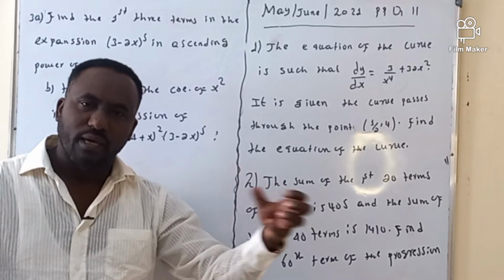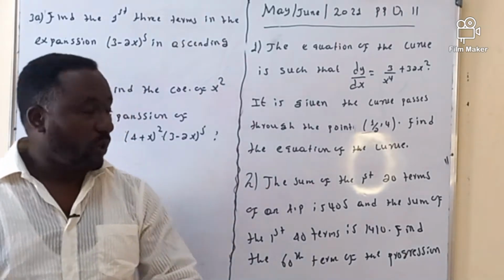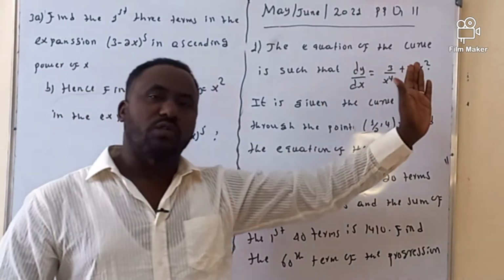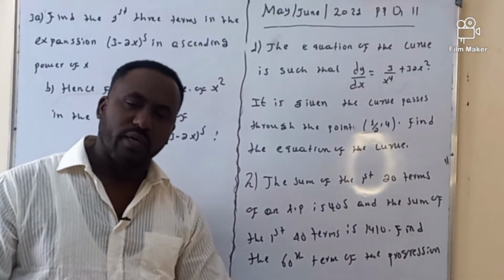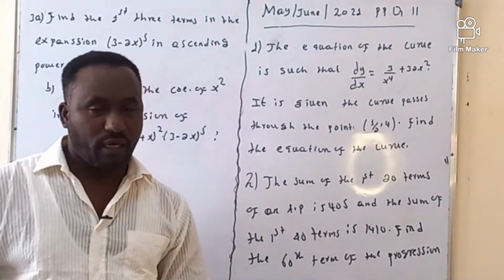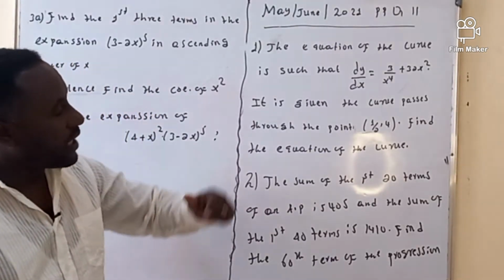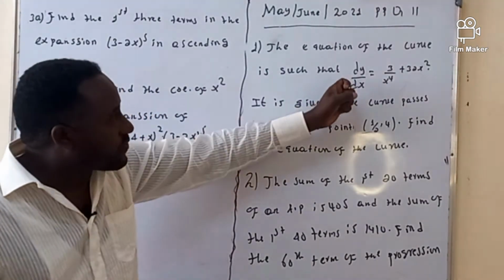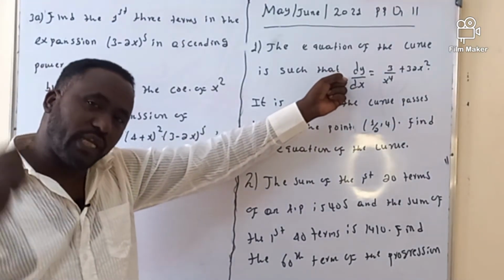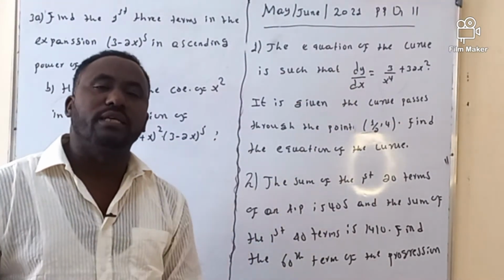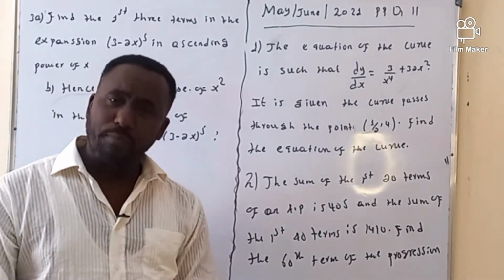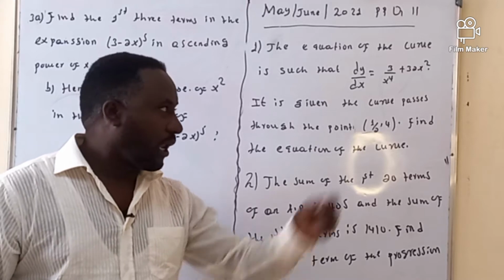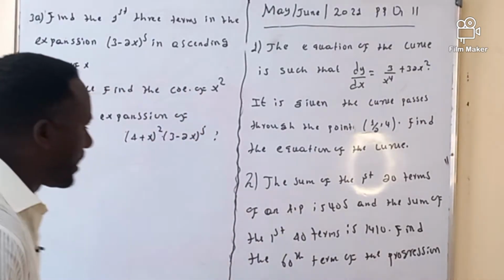So integration is the reverse process of differentiation, and differentiation is the reverse process of integration. Where we are finding the integral of this function with respect to dx, we are going to find the original function f of x. That's the point. Then look at how this problem is done.